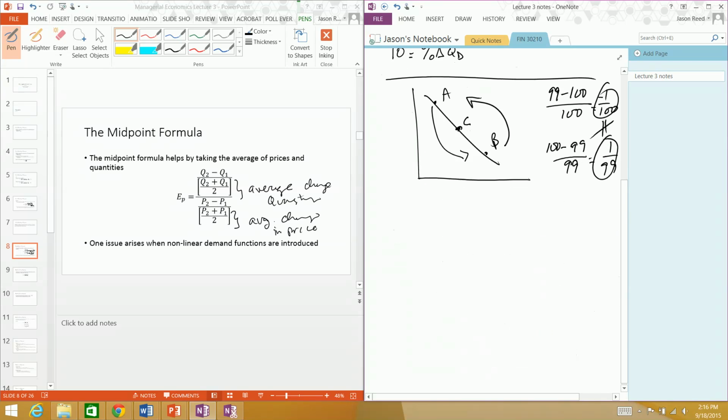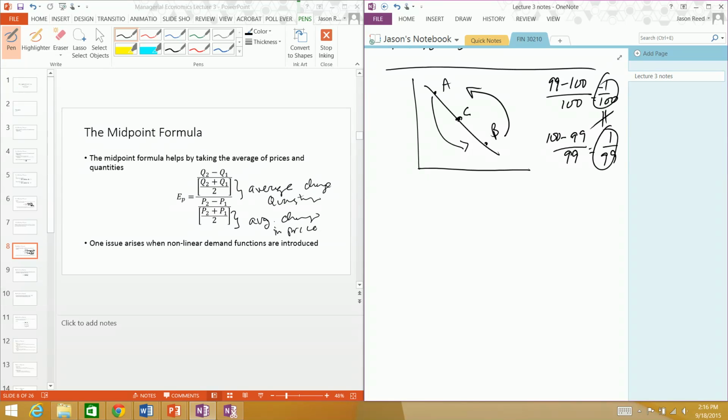And so the next problem that we encounter here is that if we imagine some demand curve that's nonlinear, and we still do this same process, A and B, and we create this midpoint, C, what we're doing here is essentially overestimating or falsely estimating what the elasticity will be.